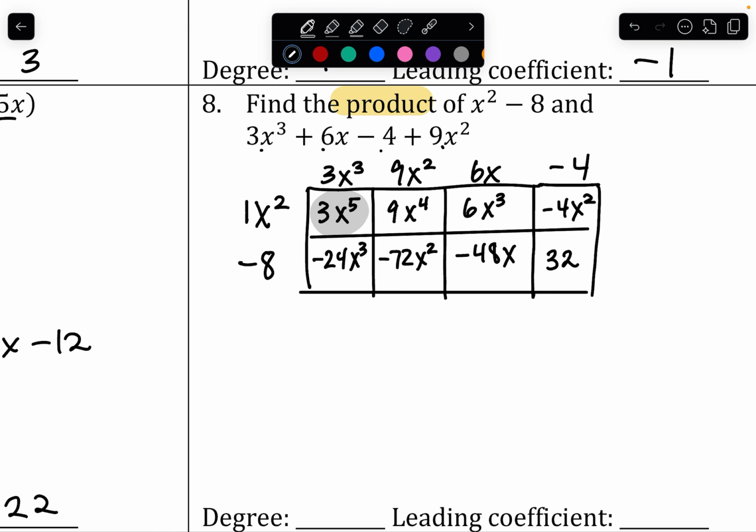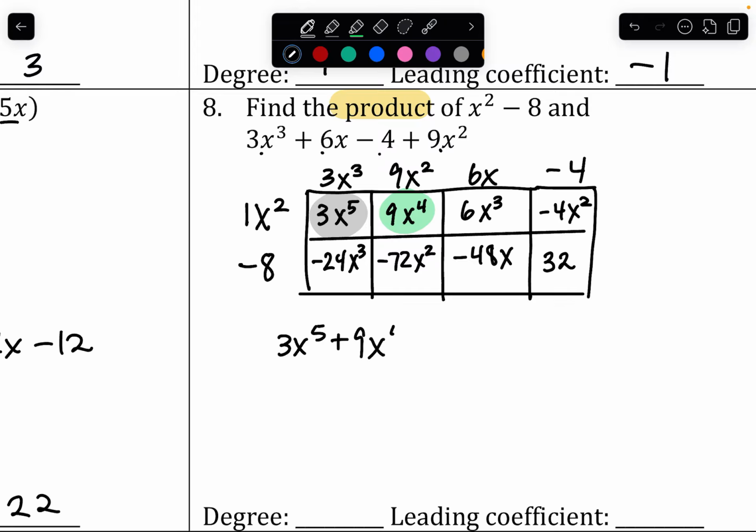And so we have 3x to the fifth, and then we have our 9x to the fourth. There's no other x to the fourth. And then we have -24 and 6, which would be -18 for the x cubed.